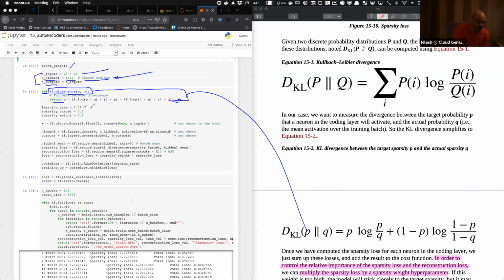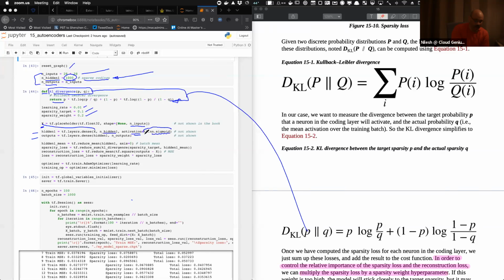We are setting a learning rate, a sparsity target, sparsity weight, and input defined as the number of inputs, hidden layer, and output. Hidden layer calculation is based on input and hidden one, which is 1000, and the activation function we are using is the sigmoid function.